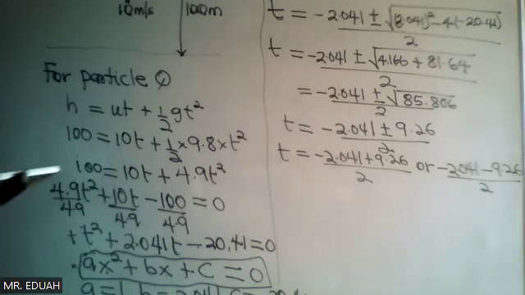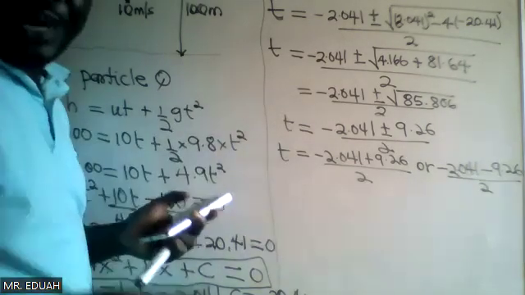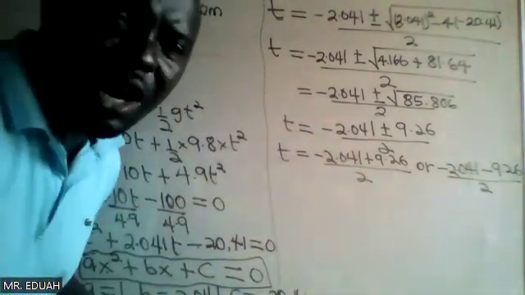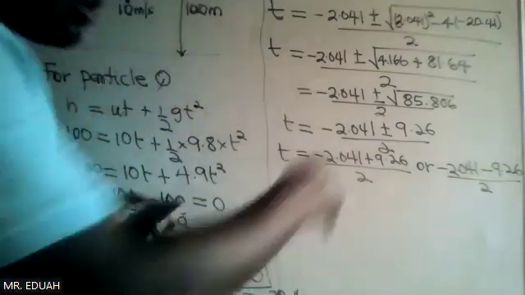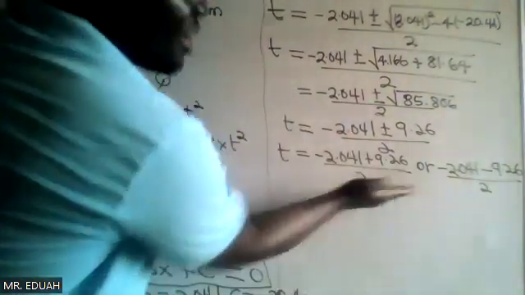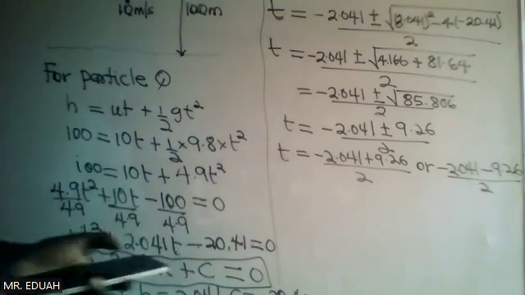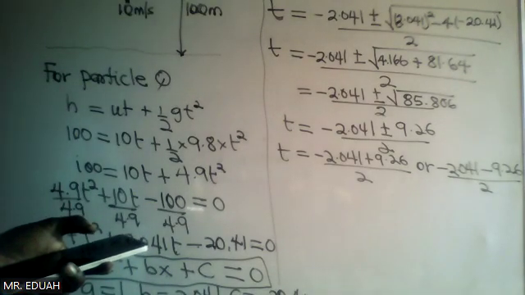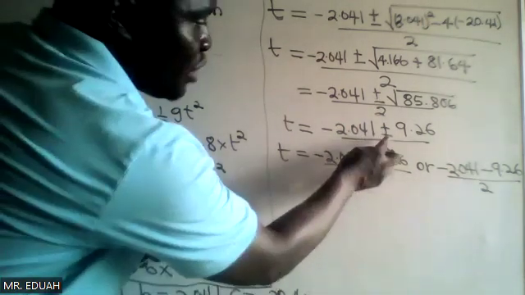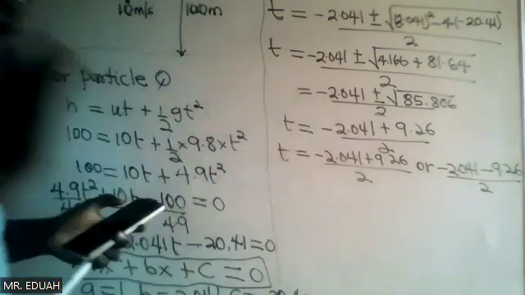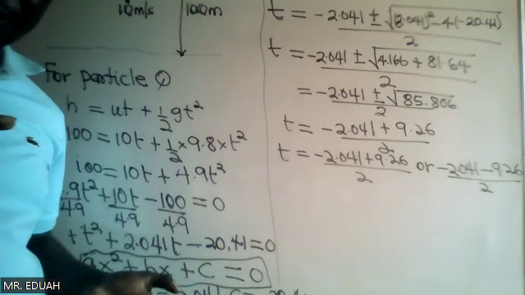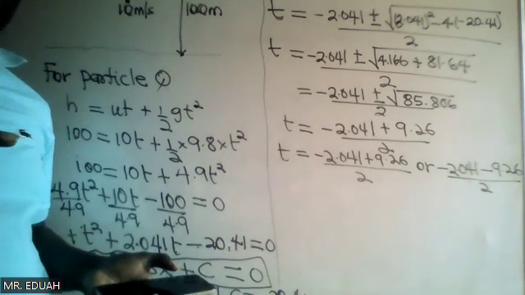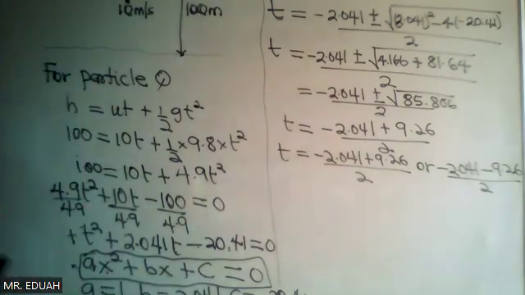Yes, sir. But if you pick this one, it will give you a negative time, and we don't have anything like negative time. So we throw out the negative and concentrate on the positive. That is why I cleared the negative and maintained the positive.